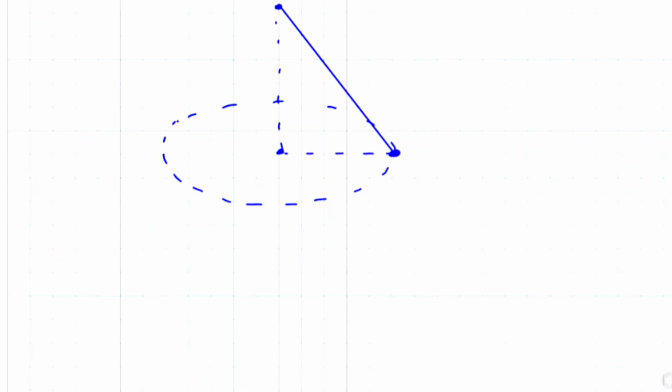This is 90. This is M. There is a velocity here. There is a tension here. This angle is theta. Now we'll understand the logic, okay? We'll understand the logic.